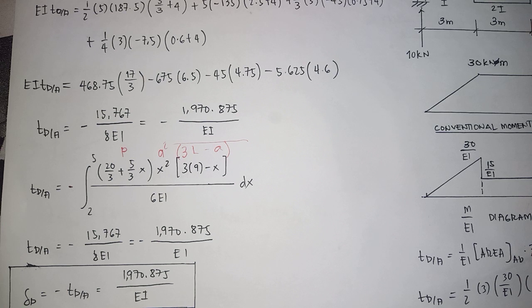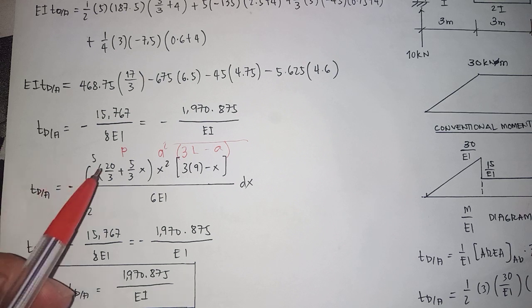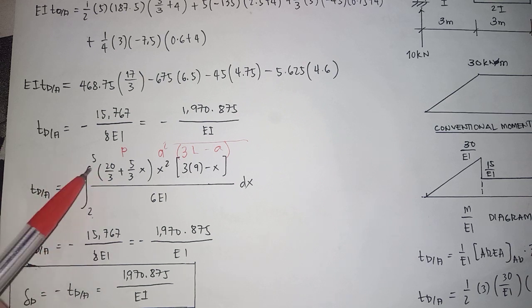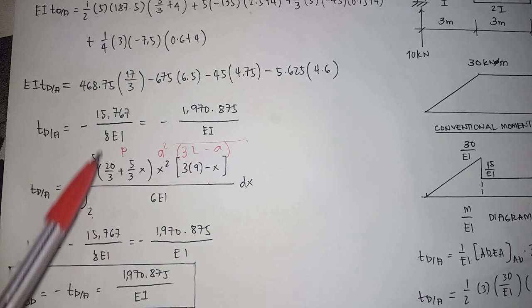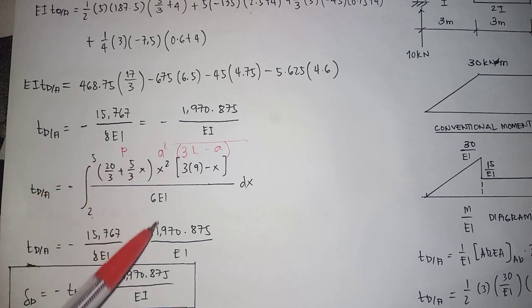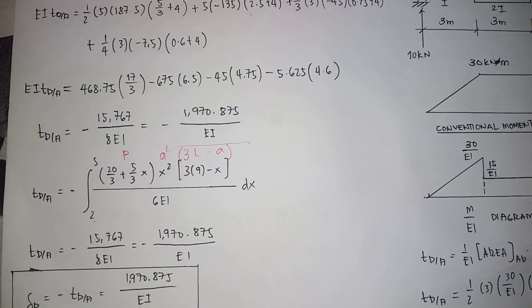So isa-substitute lang natin. Okay, with the different integral from 2 to 5, syempre hindi pwedeng mabago yan dahil yun pa rin yung limits. Okay, so we get also the same answer. Actually, parehas na parehas yan. Mas madali nga lang to kapag alam mo yung formula para rin sa basic.